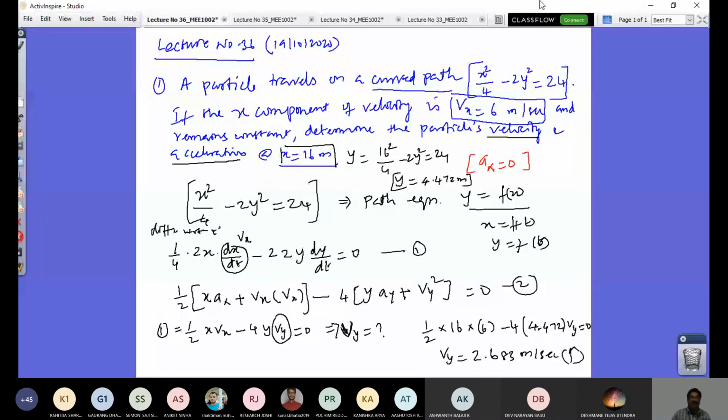The velocity vector at x equals 16 meters would be Vx i plus Vy j, that's 6i plus 2.683j. Its magnitude and direction can be found easily by taking its modulus.